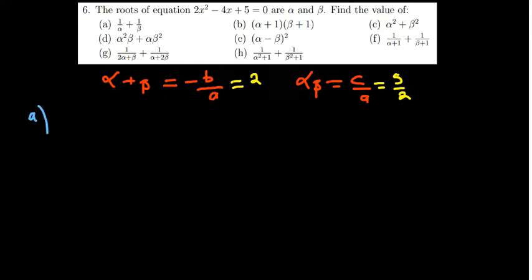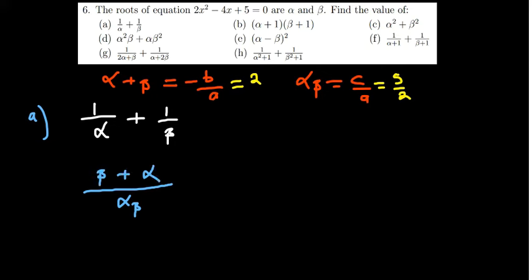The first one we have is 1 over alpha plus 1 over beta. So how easily can you simplify that? So I feel we can come up with a common denominator by multiplying them, and then we can divide alpha into alpha beta, or get beta. Beta into alpha beta, get alpha.